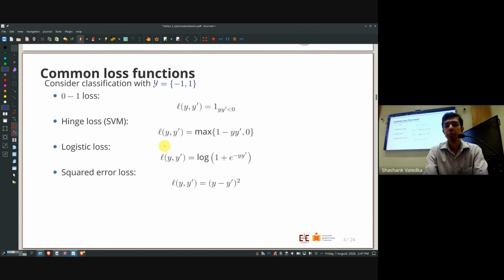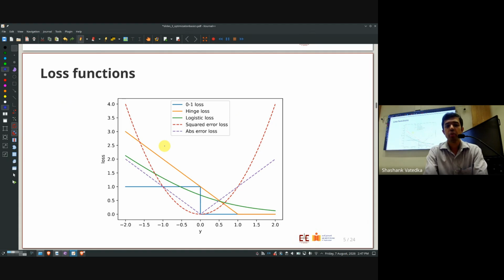And then there's also the squared error loss, which you could use, but you generally don't use it in the context of classification, and absolute error loss. If you plot all of the loss functions, this is the 0-1 loss, which is equal to 1 if y y prime is less than 0, and it's equal to 0 if y y prime is greater than 0.